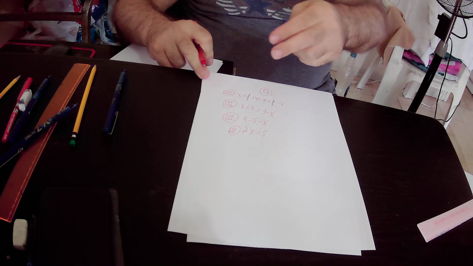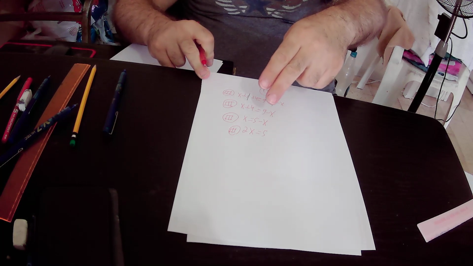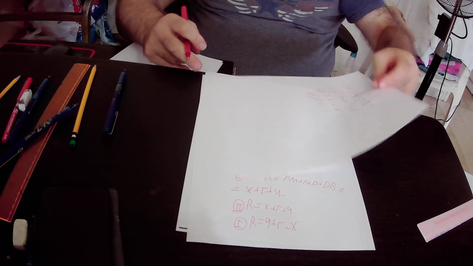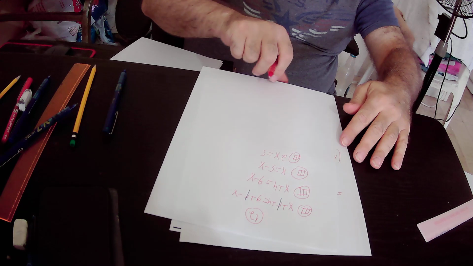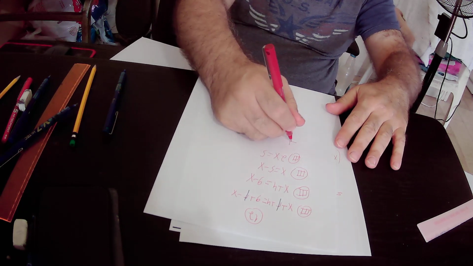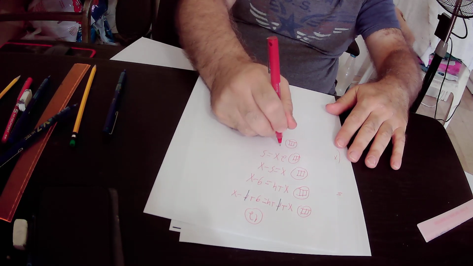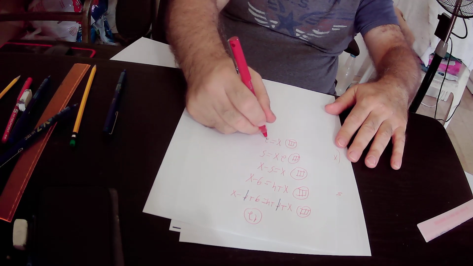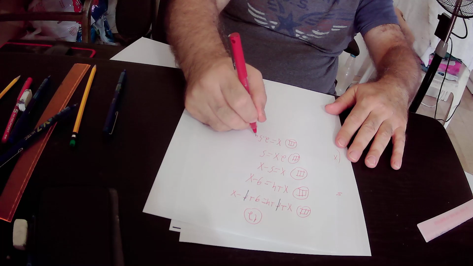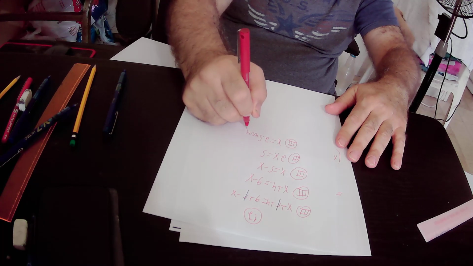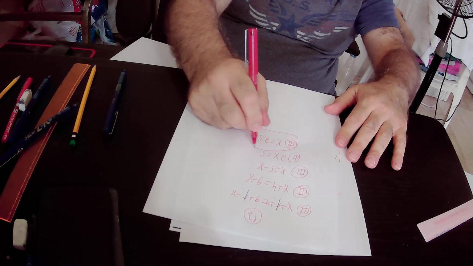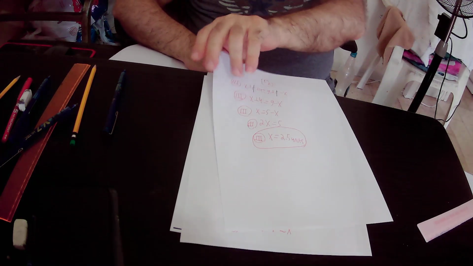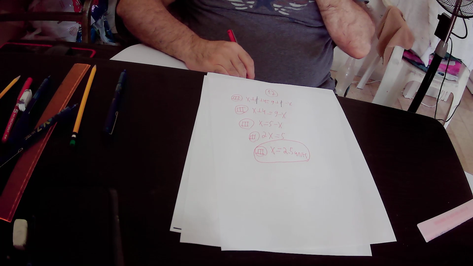Here we will divide this equality by 2 in order to get the value of x. So x will be equal to 5 over 2. 5 over 2 is 2.5 units. We got that x equals 2.5 units.